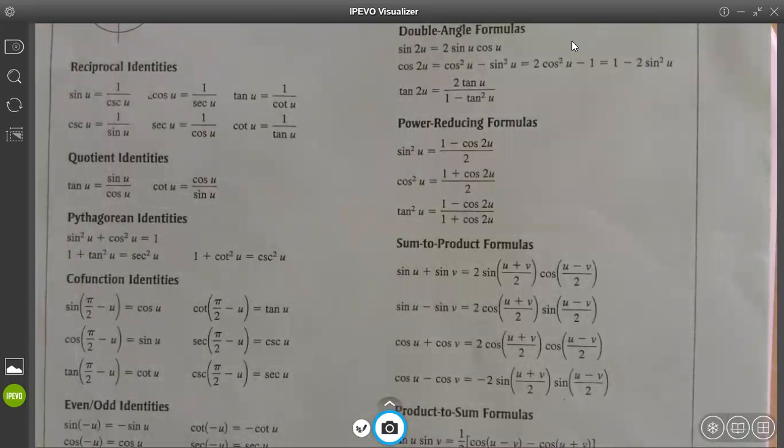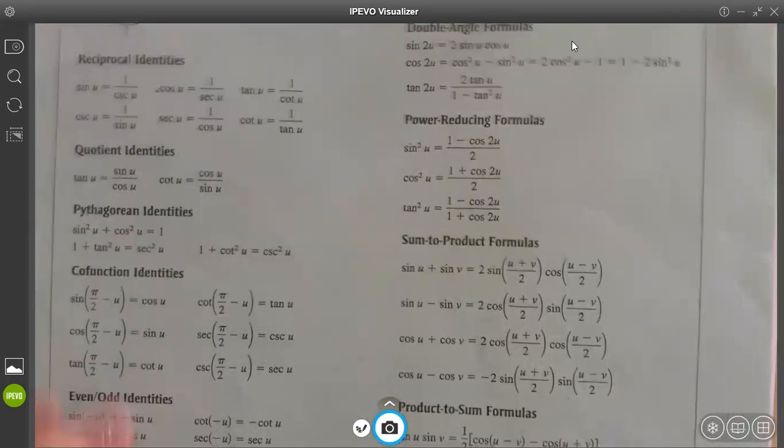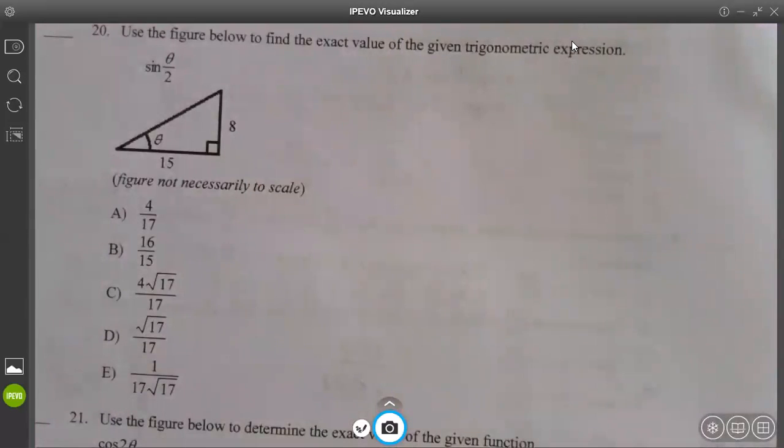These were in your notes. Well, this is on me because I should have given you this. It's a power reducing formula. Remind me on Monday, please, and I'll put those up there. So if you missed 20, it's on me.